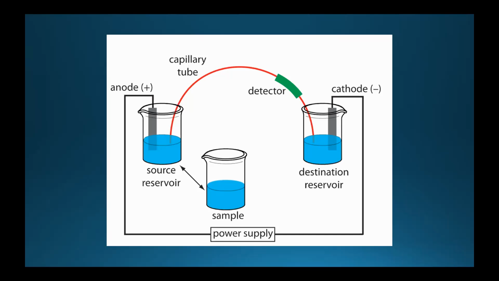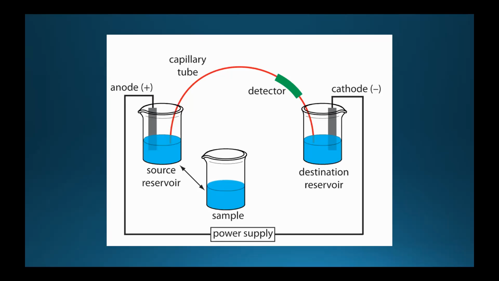Another adjustment that can be made is a photomultiplier tube can be added to the cathode end, and that can allow for mass spectrum measurements to be made. The negatively charged silica wall attracts the often positively charged buffer, and that allows the sample to flow through easily.